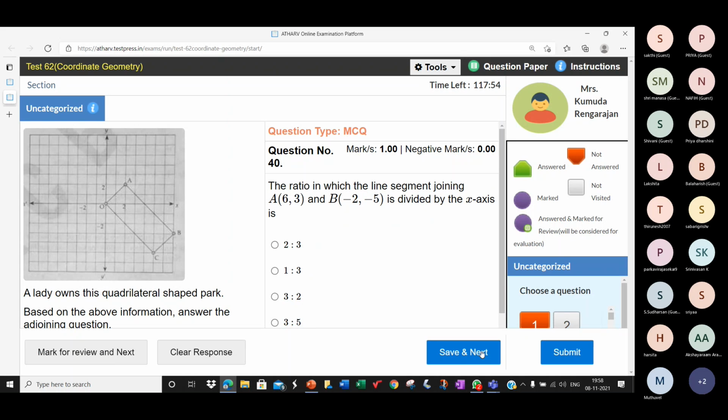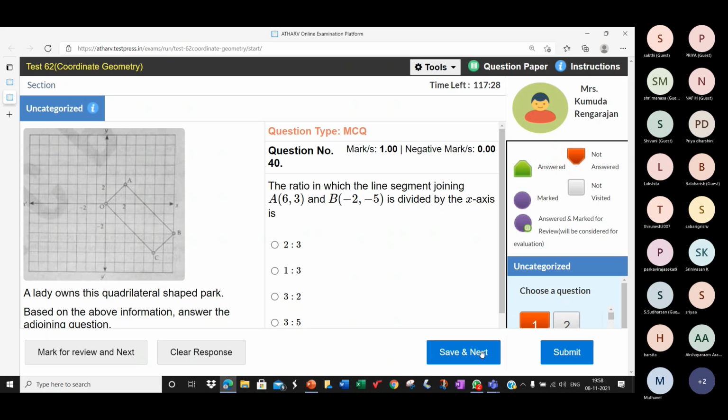Yeah, this is the 5th question under this case study. Sometimes of the 5 questions, 3 may be related to the figure given in the case study. 2 questions may be not relevant to the figure given, but will be revolving around the same concept or the same chapter.